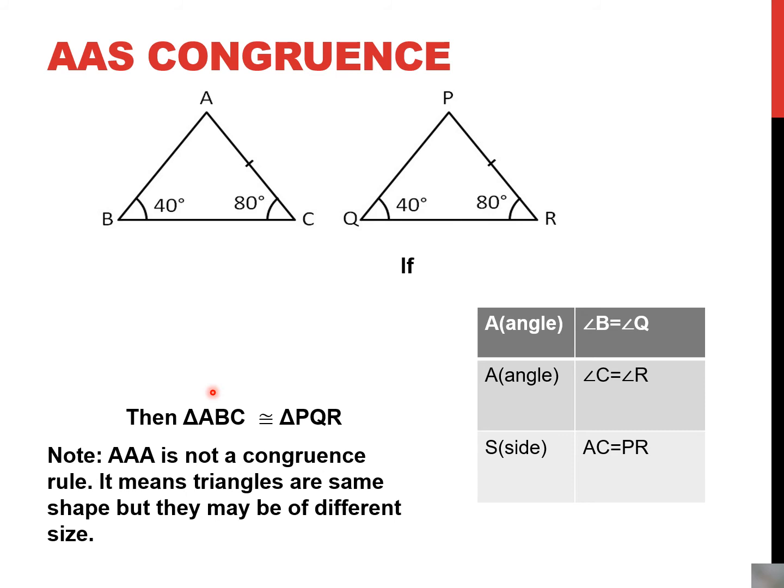The angles are equal, but the sides can be of different size. So the shape is going to be the same, but they may be of different size. You can do this yourself as an activity and check that if you make two triangles where angles are equal, the lengths of the sides can be different.